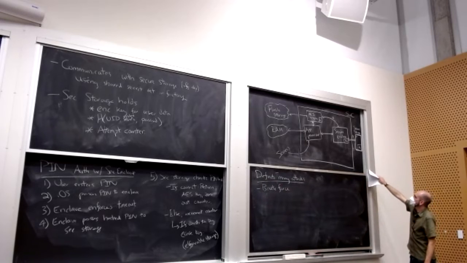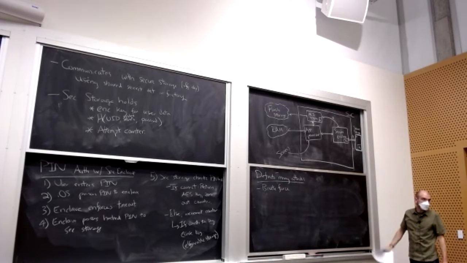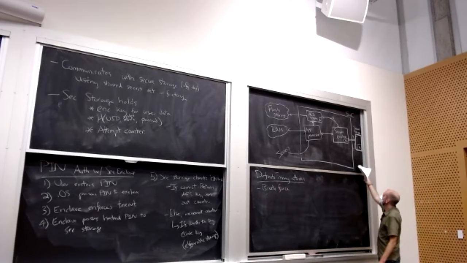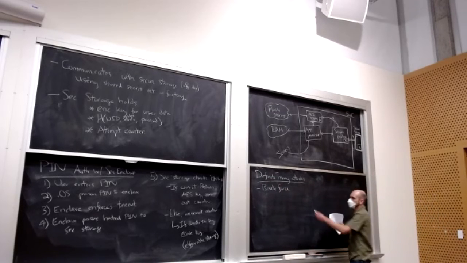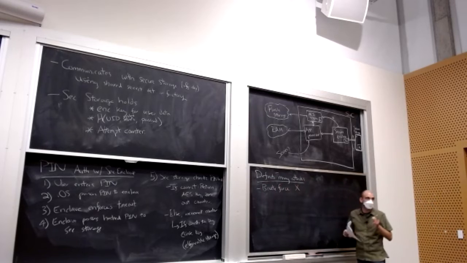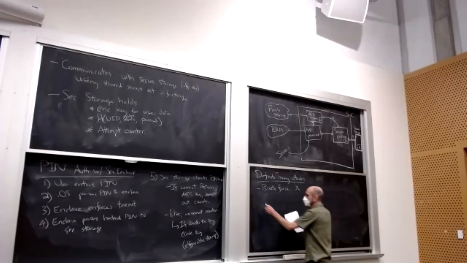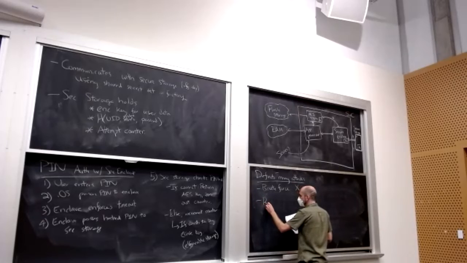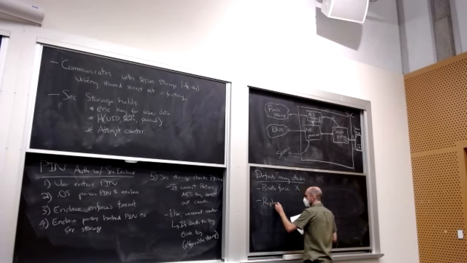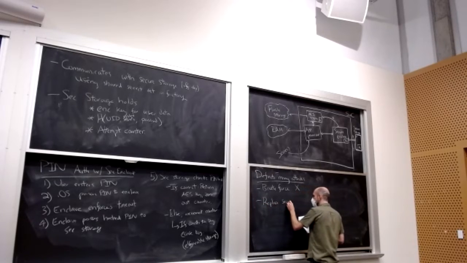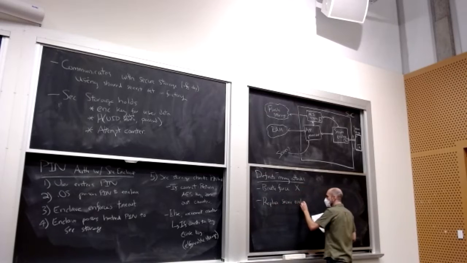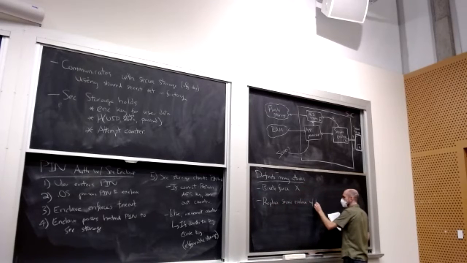The secure storage counter is going to prevent you from doing a brute force attack, because after 10 wrong guesses, the secure storage is going to erase the secret key. So this is going to be impossible as long as you can't break into the secure storage and tamper with its counters. Another thing you might try to do is you might try to replace the secure enclave with a backdoored one.